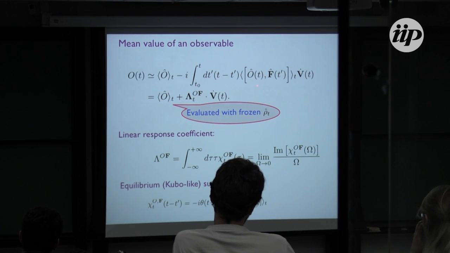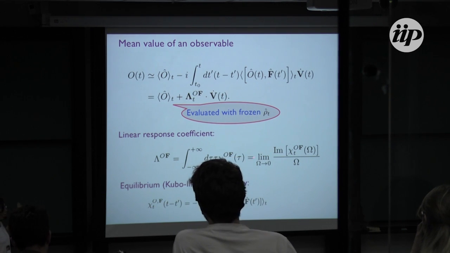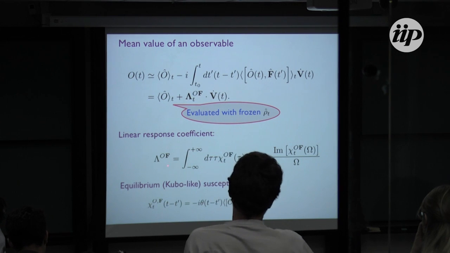Interestingly, this coefficient here, which I call lambda, depends on a susceptibility. And this susceptibility is evaluated again with the Hamiltonian frozen at the time t. So it is an equilibrium-like susceptibility, but dependent on t, because we freeze the Hamiltonian at the time t.